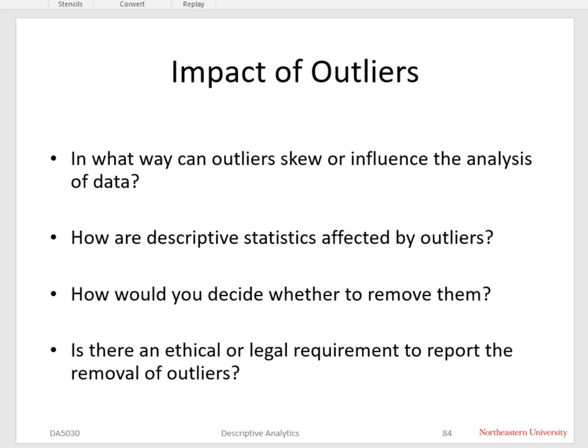Well, maybe instead of typing in $135,000, they typed in $1.35 million. Maybe they put an extra zero in. So in that case, that is not really a measurement error, but it's a data recording error. And it's not really part of the data, it's simply a mistake.